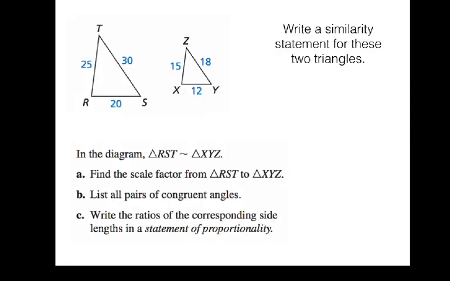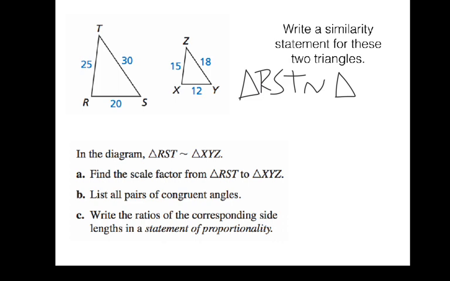Some very quick practice. A similarity statement is just saying that triangle something is similar to triangle something. And the way we're going to figure this out is, let's say I'm going to start at R, and I'm going to go R, S, T. So that means that my triangle is R, S, T. And there's other ones to pick.